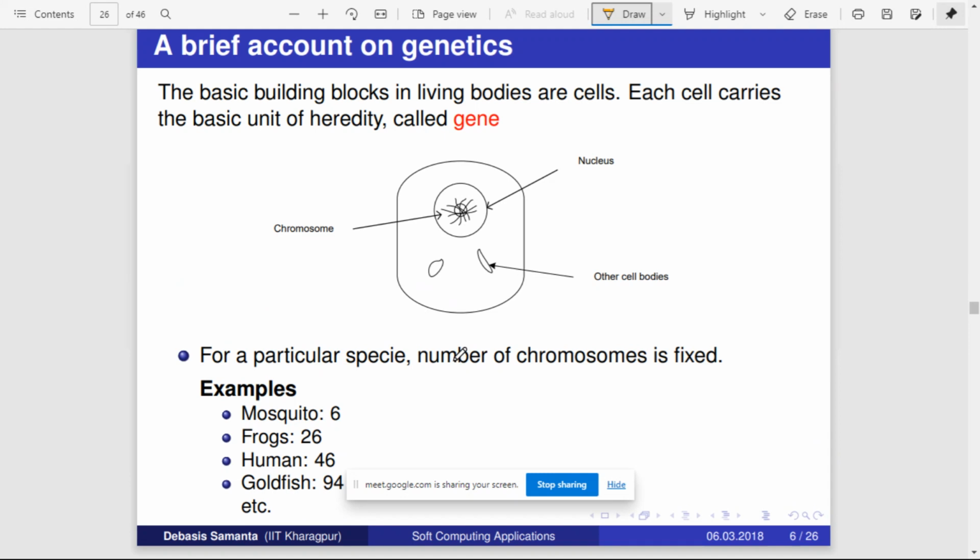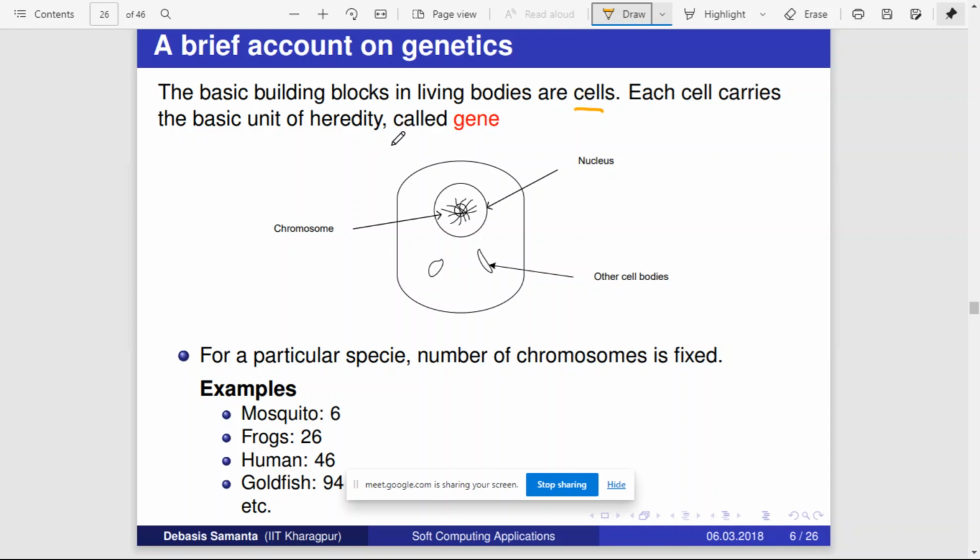So let us have a brief intro to genetics before getting into genetic algorithm. Genes are the basic building block of the human body. The basic building block of living beings is the cell.